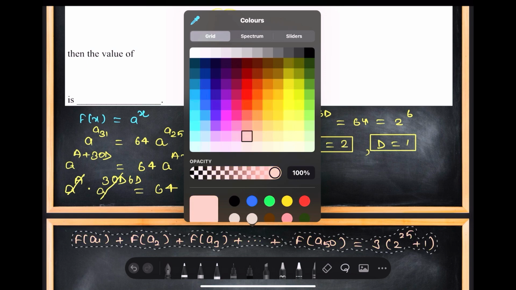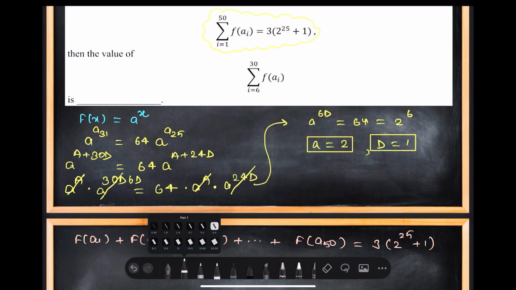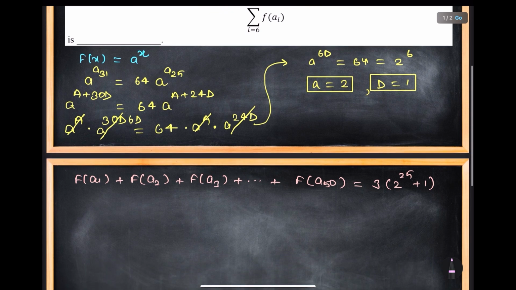Now the point is, look at this. Now we have f of a1. f of a1 is what? a power capital A plus a power capital A plus D, a power capital A plus 2D, dot dot dot a power capital A plus 49D, right?